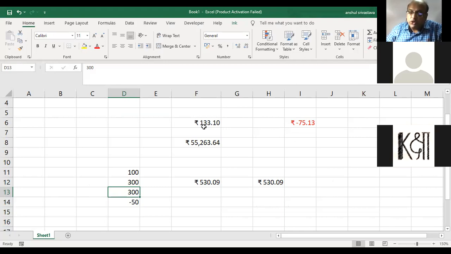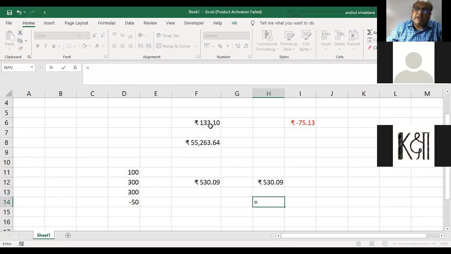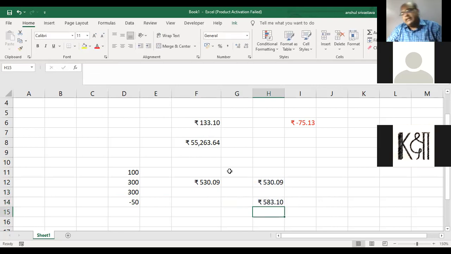So NPV gives you the answer in type 0. That means NPV gives you the answer with the assumption that the payment is being made at the end of the period. Now, if we want that payment to come at the beginning of the period, then what do we do? We multiply it by 1 plus r, 530.09 into 1 plus 10%. That means 583.1 would be the present value.